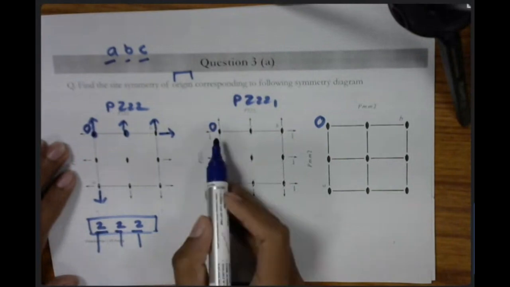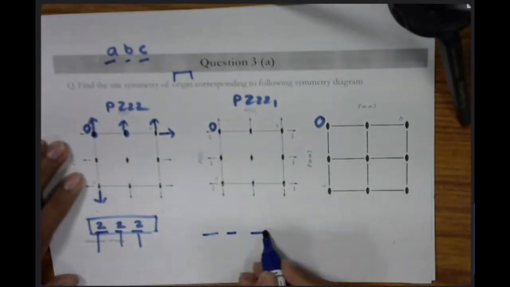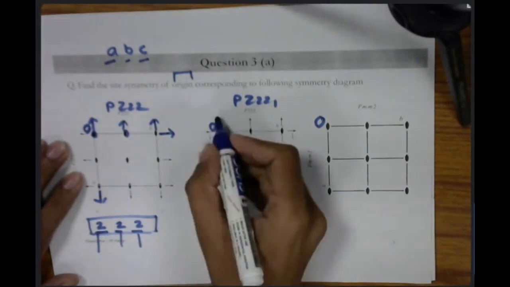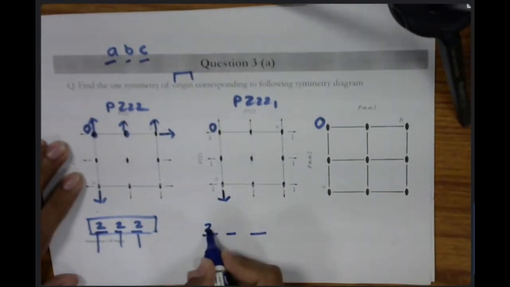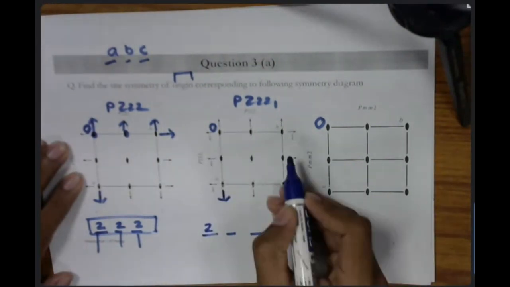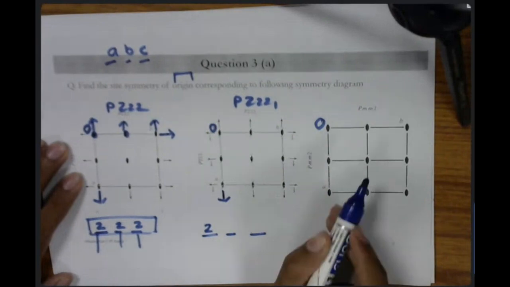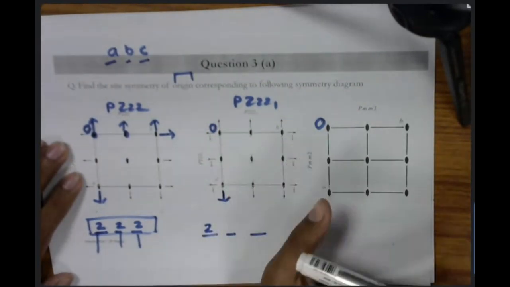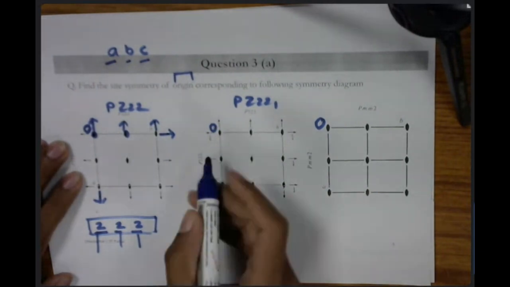From the origin, I have to see along the A, B, and C. Along the A, I can see there is a twofold, so I will write twofold. Along the B, I can see there is a twofold, but it is shifted by the amount of 1 by 4 in the direction. Along the Y there is nothing, so we'll write 1. What about C?